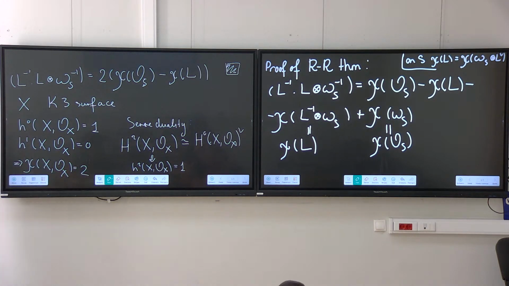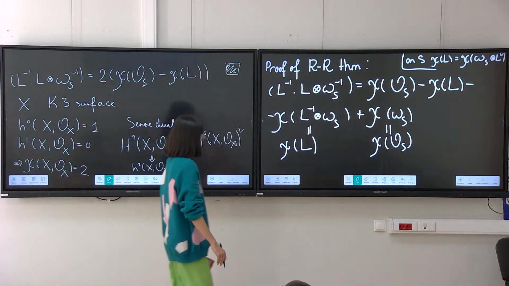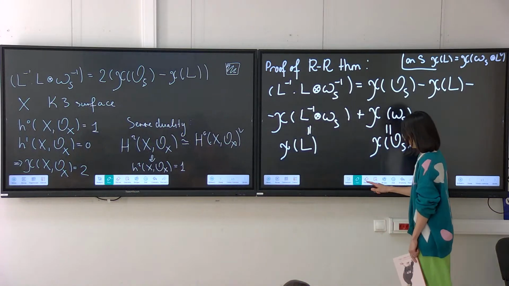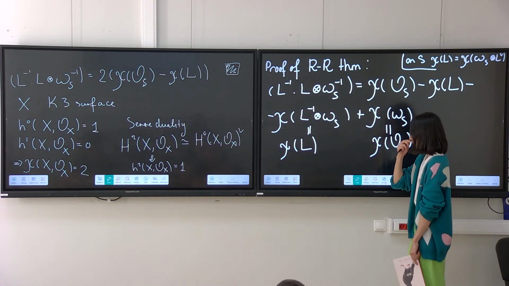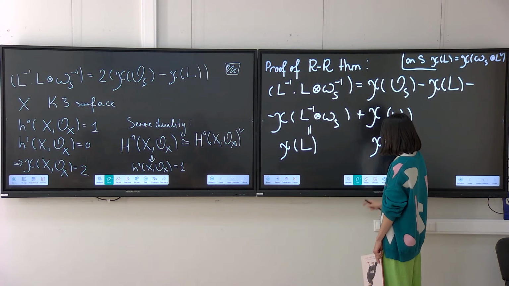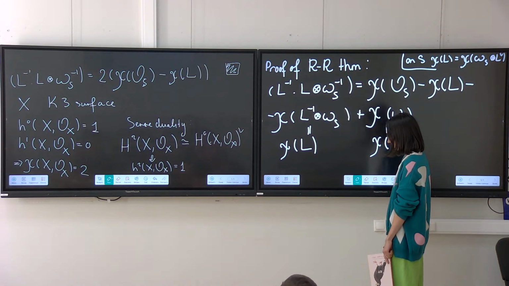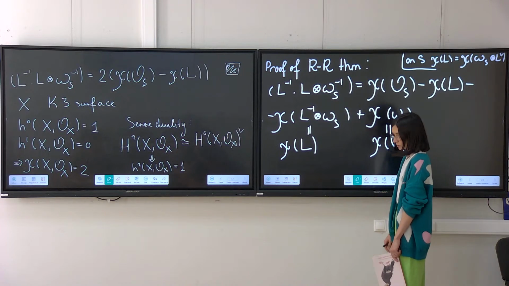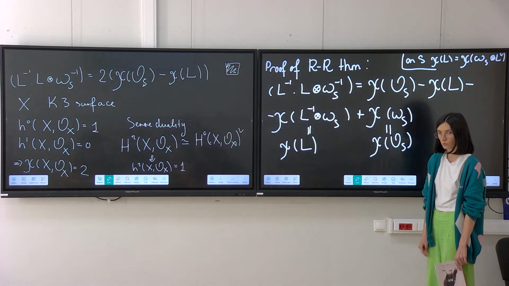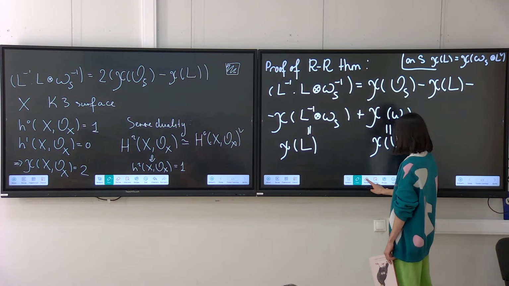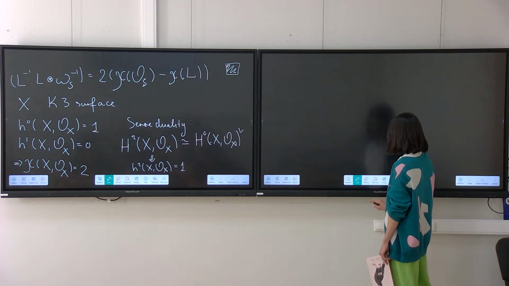Okay? Sorry, I know that all this is very simple, but maybe for those who have never seen computations by Riemann-Roch before, maybe it's important to explain all these things.